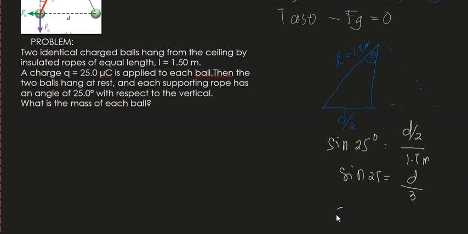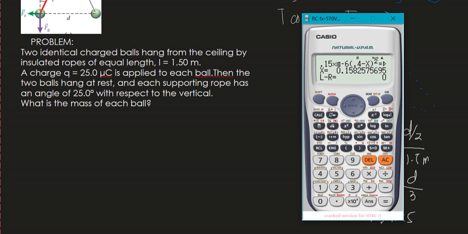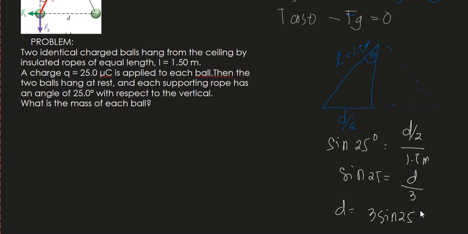So d is equal to 3 sine 25. So this is equal to 1.268 meters. So d is equal to 1.268 meters.